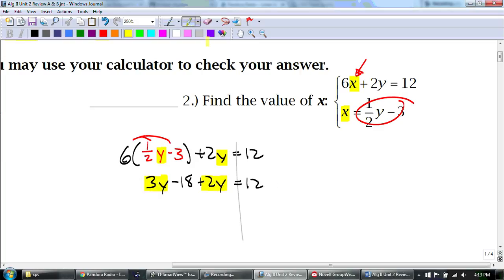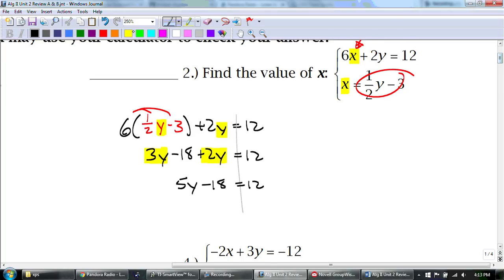Go ahead and combine your like terms. 3 plus 2, we get 5y minus 18 equals 12. We're not done yet because we have to add 18 to both sides. 5y equals 30. Divide both sides by 5. We get that y equals 6.